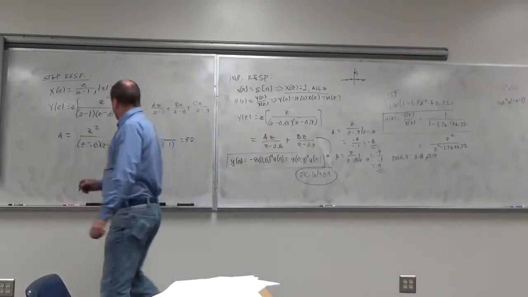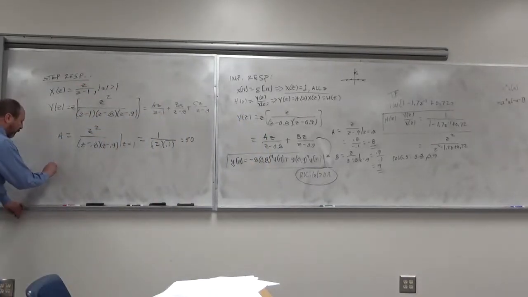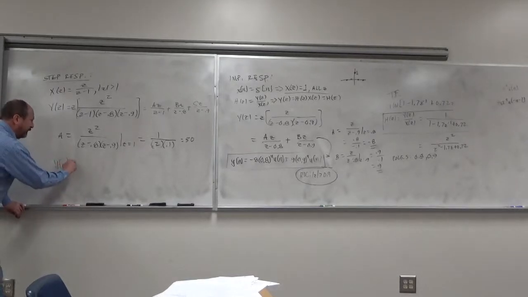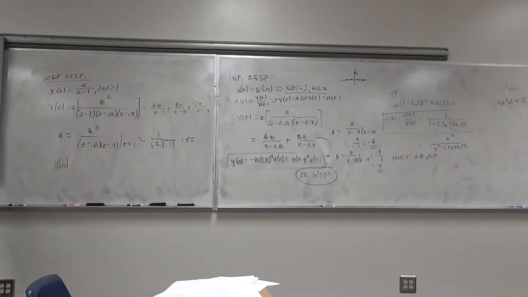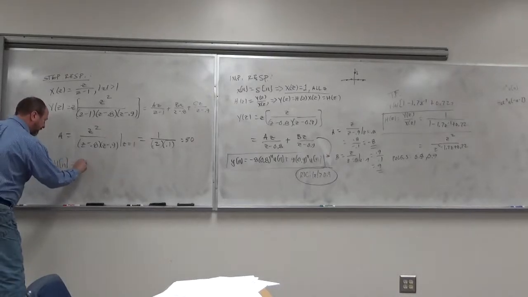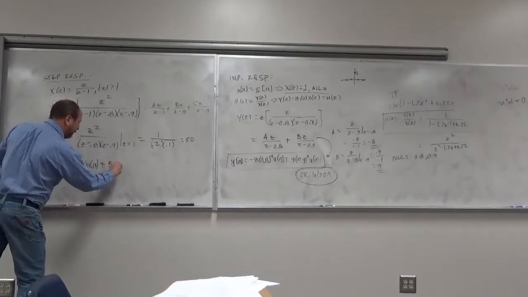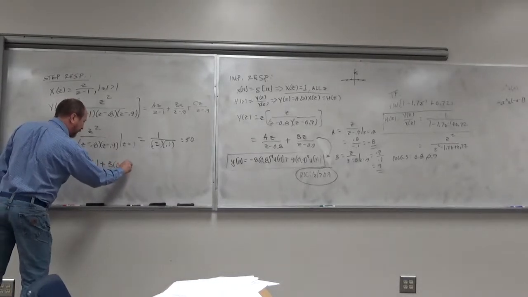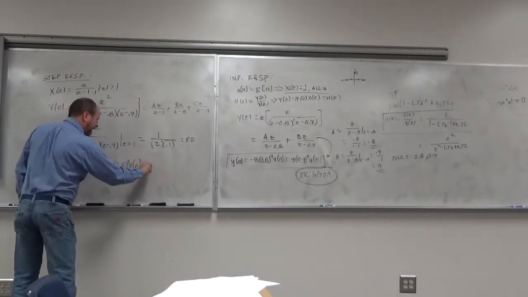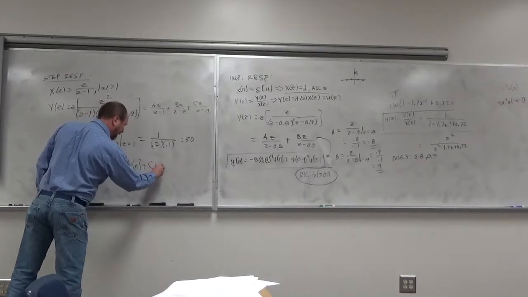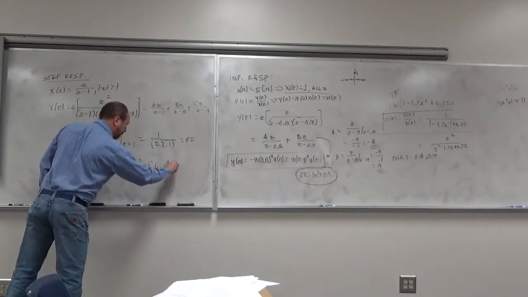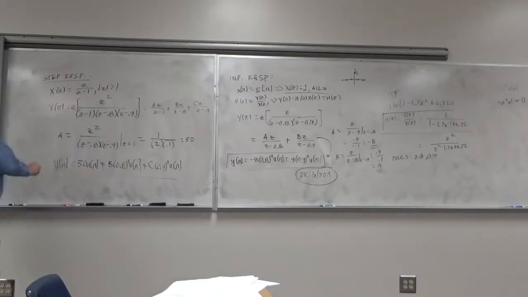Okay, thank you. 50. Okay, so y of n is, what's the first term? z over z minus 1, step function. 50 u of n plus B times 0.8 to the n u of n, and C times 0.9 to the n u of n. Okay, there's my answer.